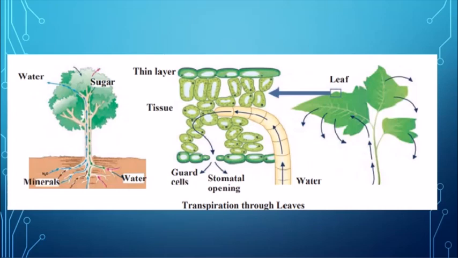This process plays a very important role in maintaining the water balance in the plants. Whereas the root pressure plays a very important role in pushing the water up during the night time.